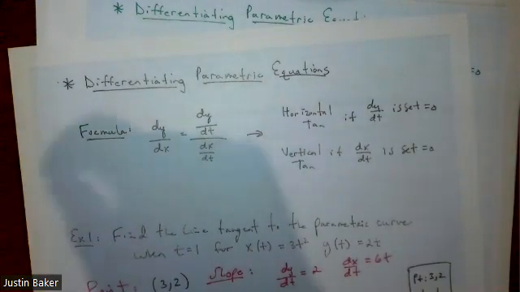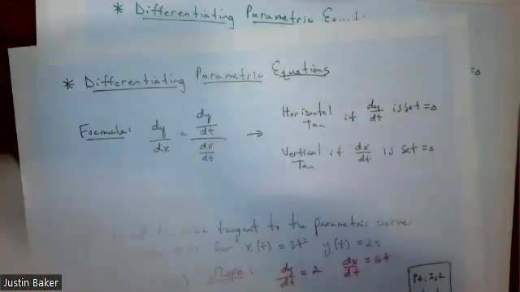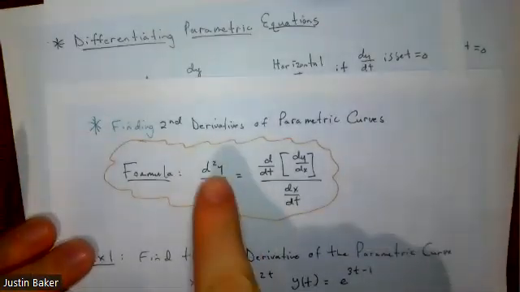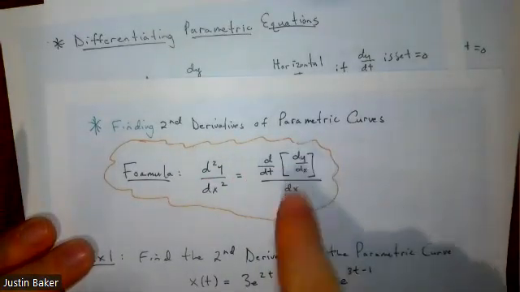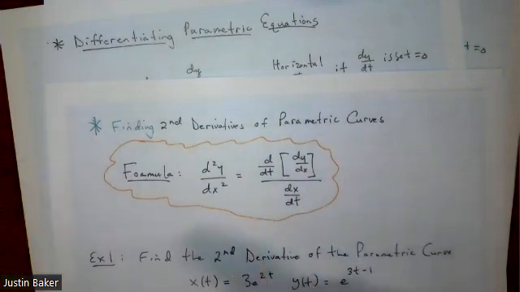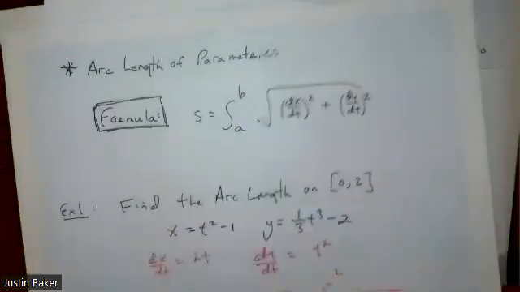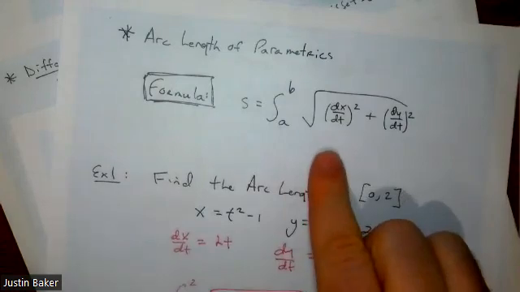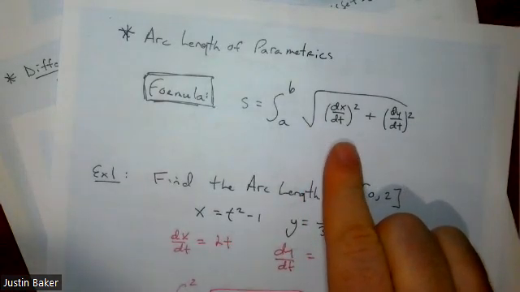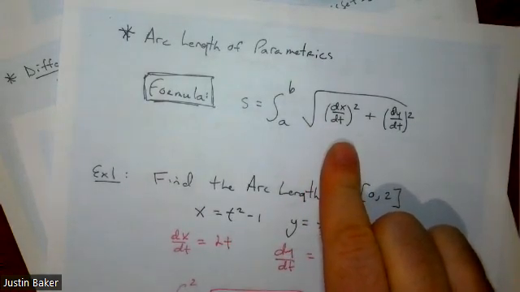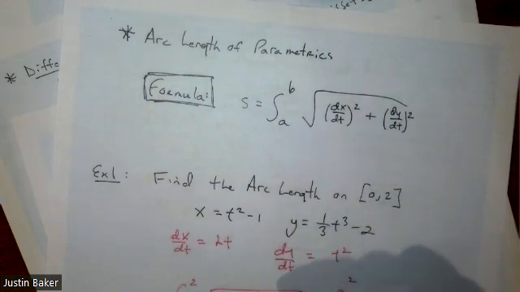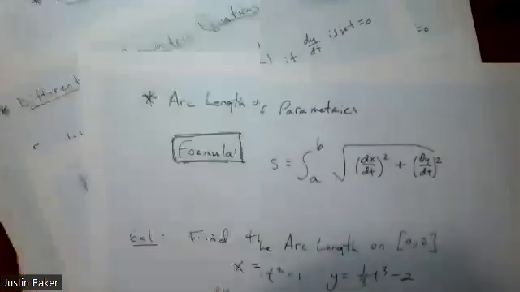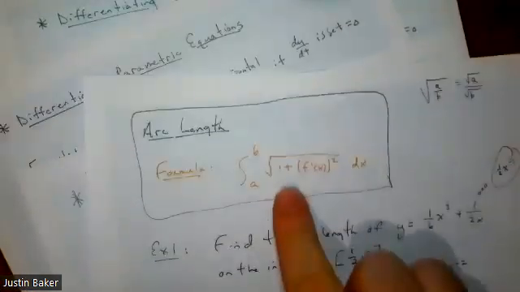We should know how to take the second derivative: derive the top of the derivative, keep the bottom. We should know arc length of parametrics, which is the radical of dx/dt squared plus dy/dt squared. And then the most recent formula that we just looked at, the arc length of regular, which is right here.